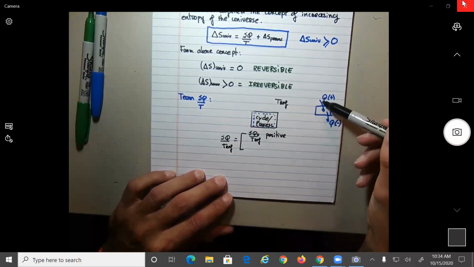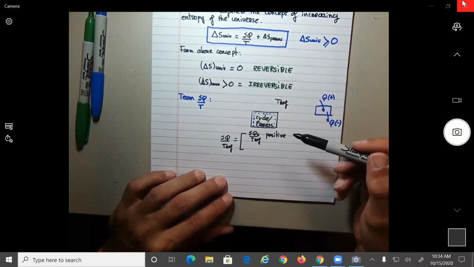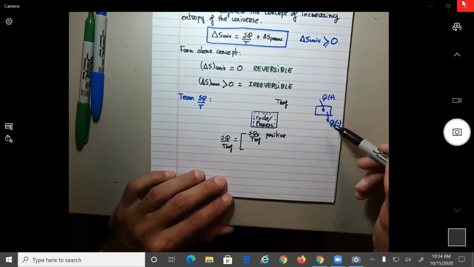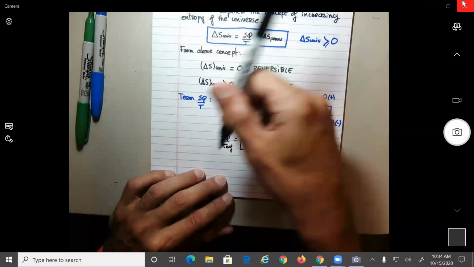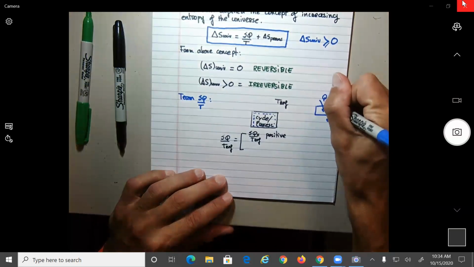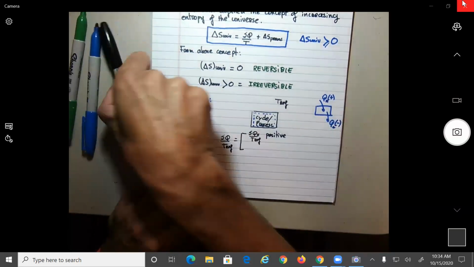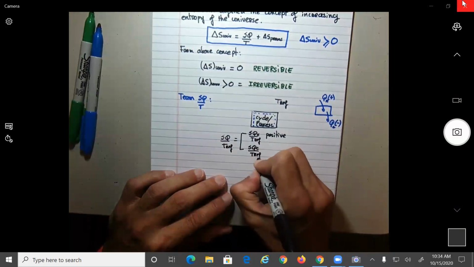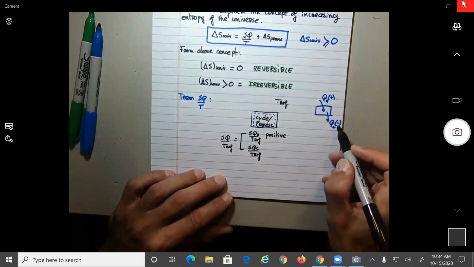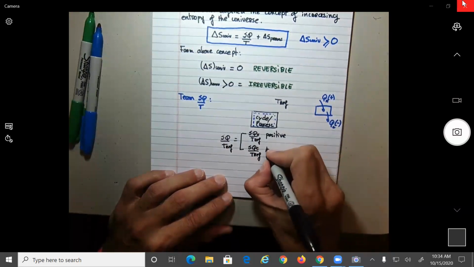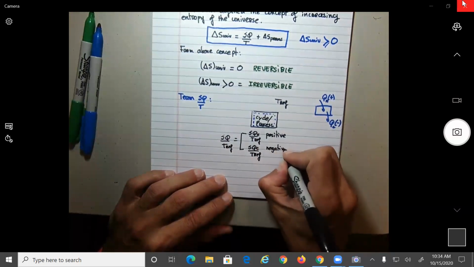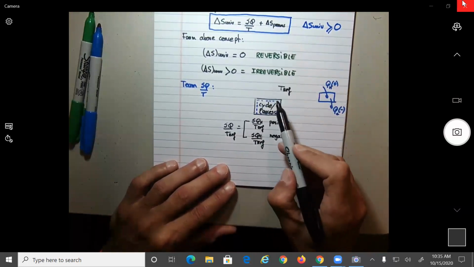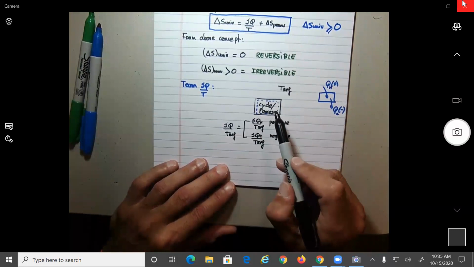The molecules, you increase the temperature, the molecules start hitting each other, and you increase the entropy of the system. Now, what happens if the heat is coming out? This will be the Q hot, but it doesn't mean it's Q hot or Q cold, it's just to make the difference. If you look at delta Q cold over T reference, this Q is negative, which means this term will be negative. And this term defines whatever is happening inside here.